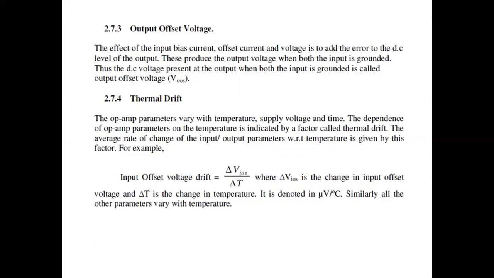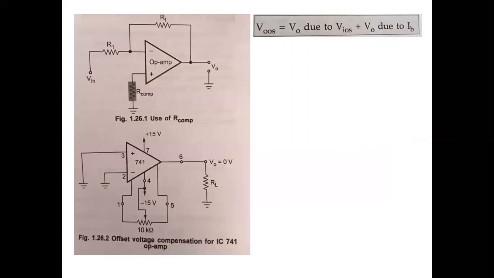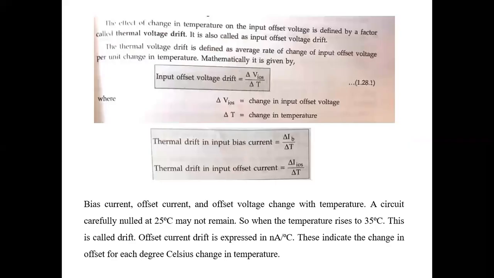That is, the input offset drift is equal to del VIOS divided by del T. This is the circuit diagram for this previous topic. Thermal drift in input bias current, thermal drift in the input offset current. These are the DC characteristics of the operational amplifier.